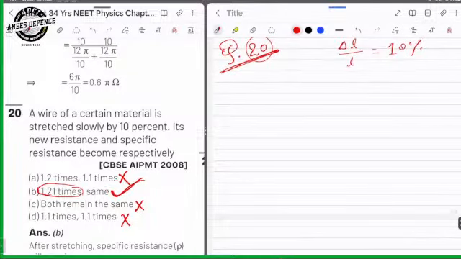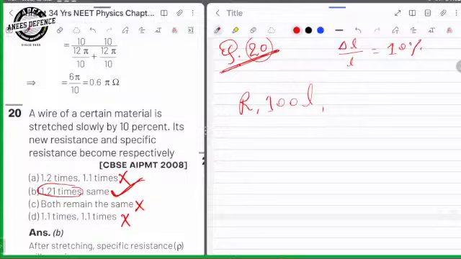Just consider resistance is R, length is not L, consider 100 L. Why? Because if you increase by 10%, the value will be what? 110 meter. Slowly increase, so the value will be 110 meter. Okay.